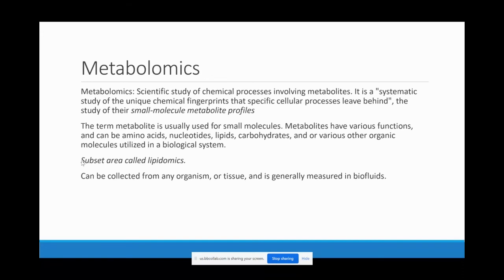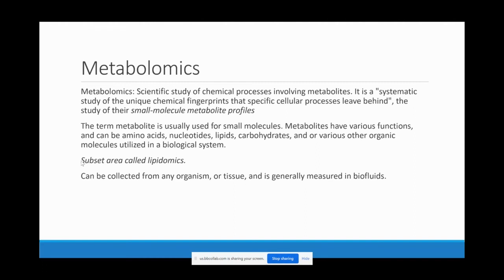Now, if you're doing a study on metabolomics, just like what I said with the transcriptomics and proteomics, you can collect the whole set of metabolites, the whole set of small molecules from any organism. Again, usually a small organism like a cell. You could collect them from a tissue, but typically, we're going to be looking at biofluids when we study metabolomics.